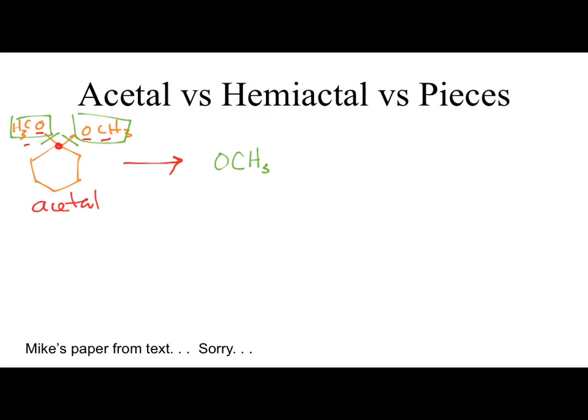Neutral, how do we make OCH3 neutral? Give it a double bond, give it a hydrogen. Acid catalyzed. We're looking at methanol being added as our alcohol.